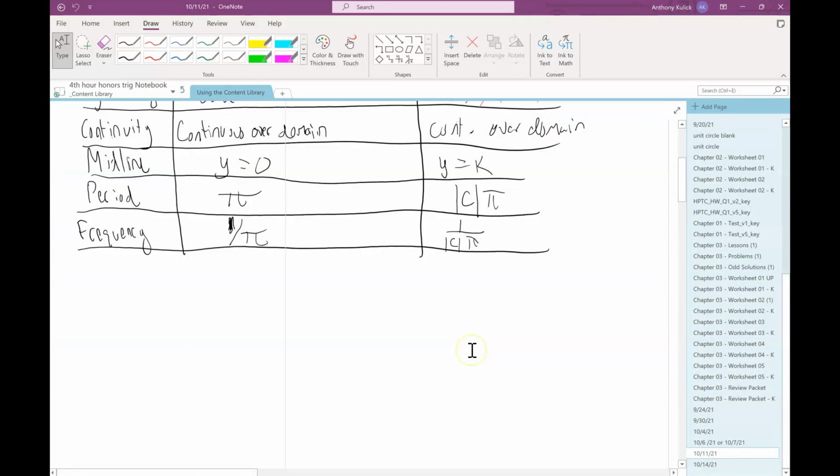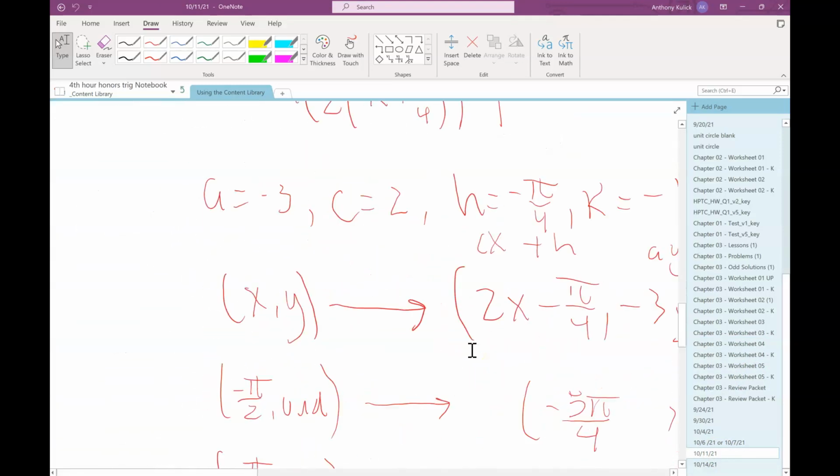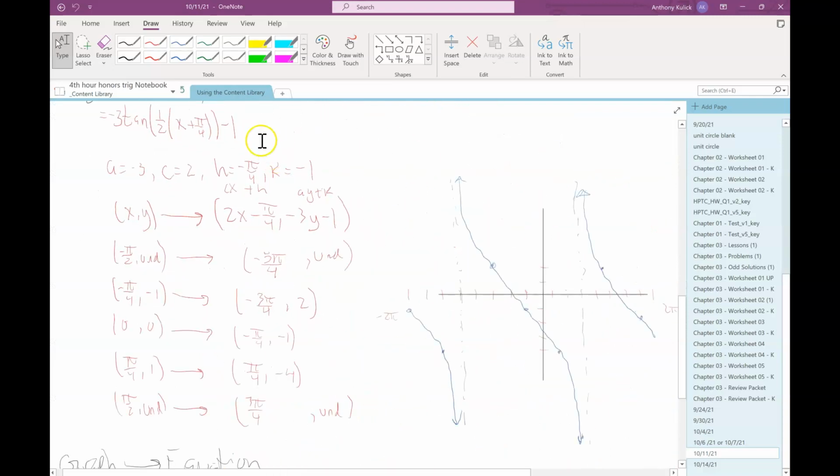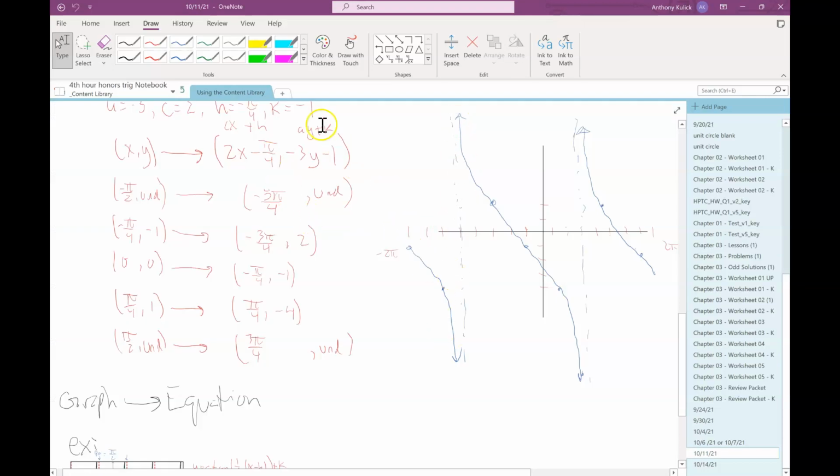So let's just look at this real quick. So we did this, right? And then I drew in these asymptotes. So these points that have the y-coordinate undefined are where my asymptotes are. So negative 5 pi over 4 is here. That's where I got that asymptote. And 3 pi over 4 is here.